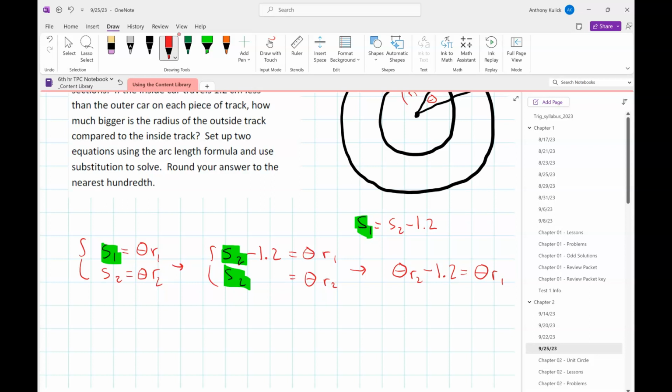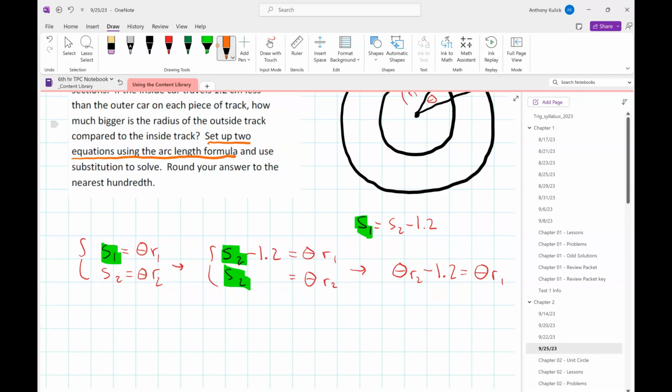Where did I lose you at? Well, let's backtrack a minute. So these two equations. The directions say set up two equations using the arc length formula. So that's all I've done.